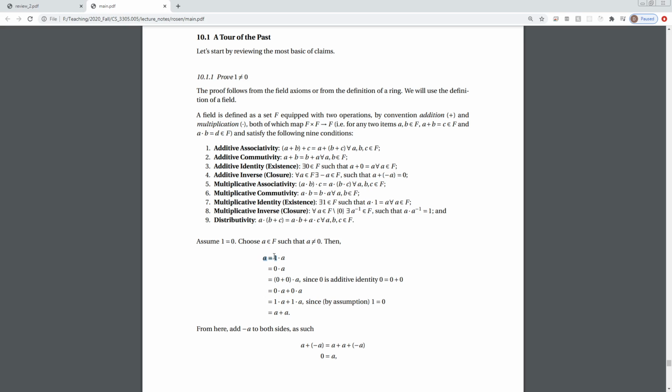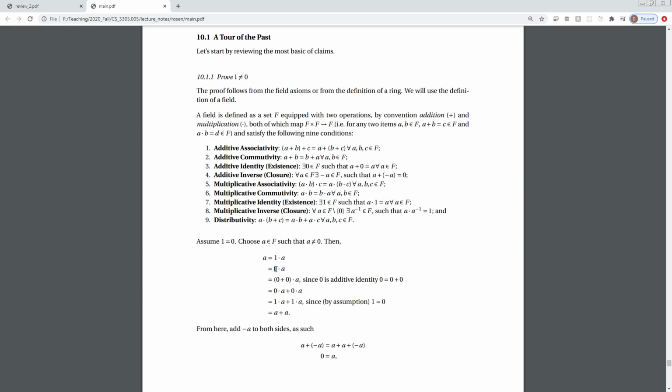Then we will multiply 0 times whatever non-zero element we've chosen from our field. By hypothesis, we've assumed them to be the same, and we'll see that this leads to a contradiction. So we make that algebraic substitution because we're assuming them to be the same.